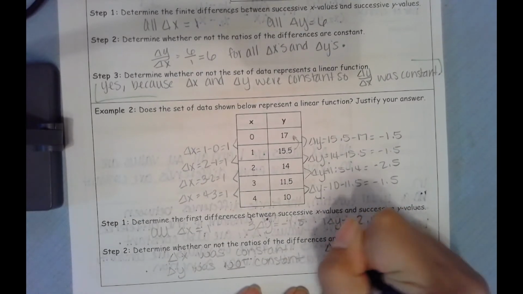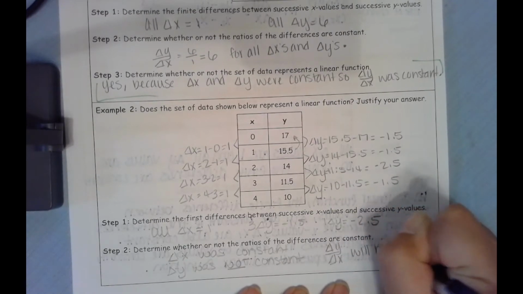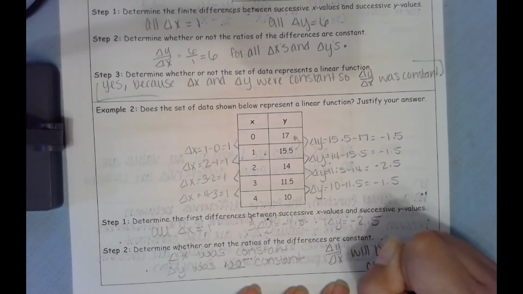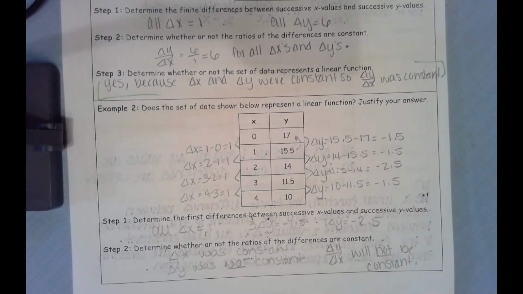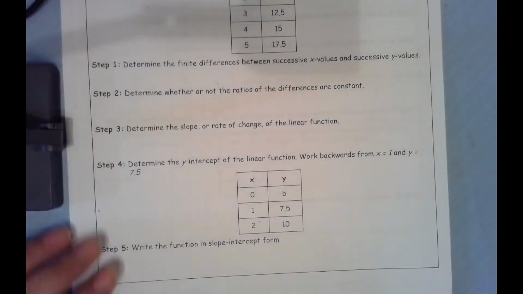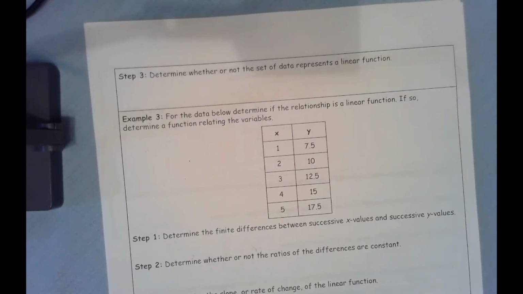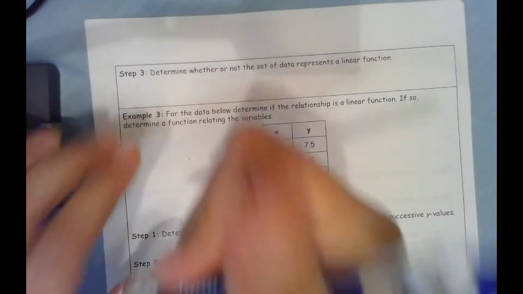So delta y over delta x will not be constant. And to be a linear function, you have to have a constant slope throughout the whole thing. So then when we determine whether or not the set of data represents a linear function, we would say no.